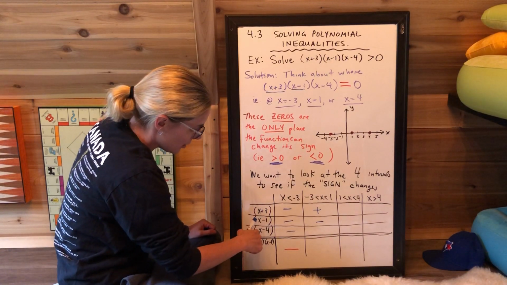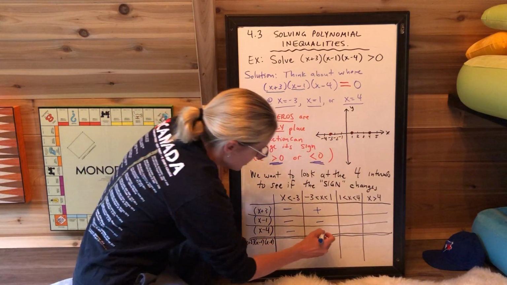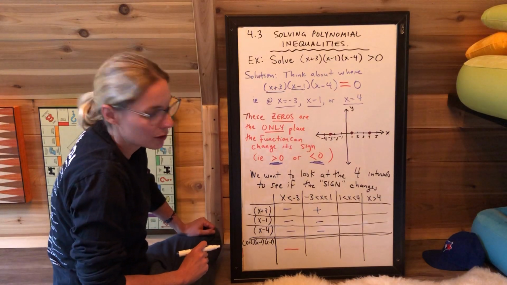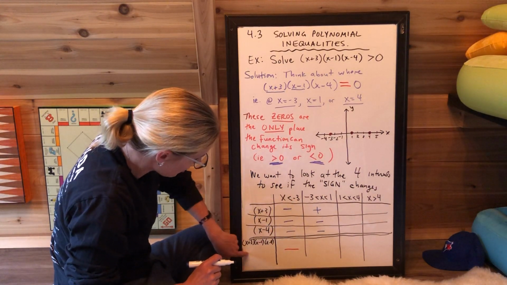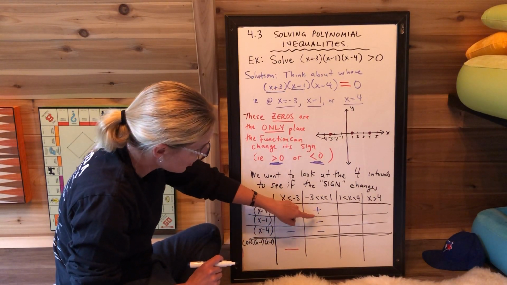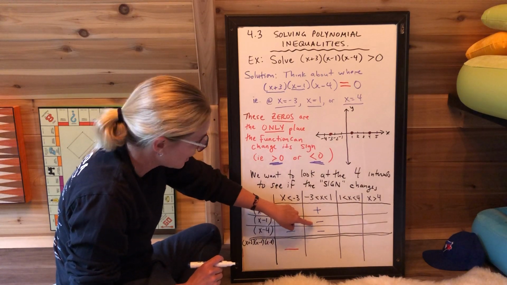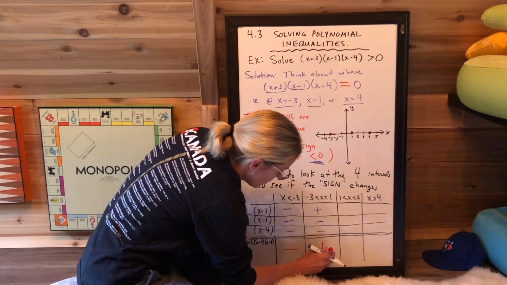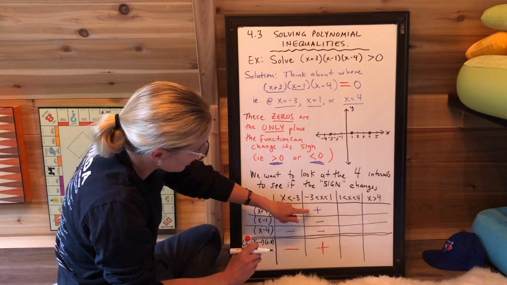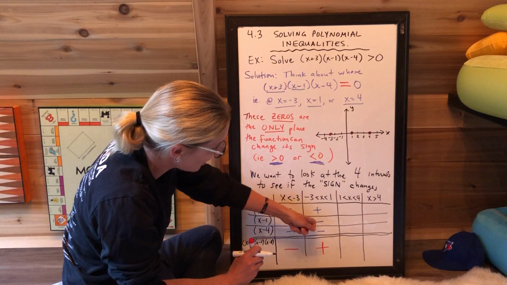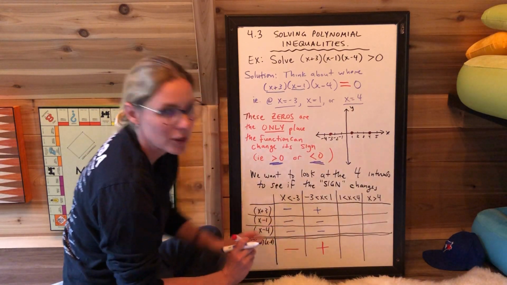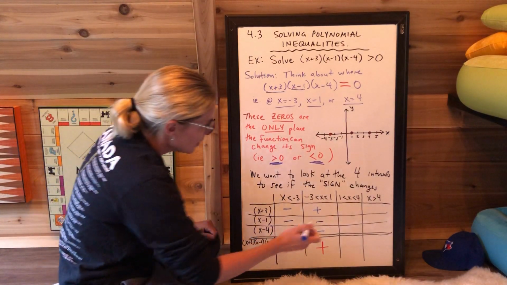I put a 0 in here. 0 minus 4 is negative 4, which is a negative value. You do the multiplication, which is what this function is. Positive times a negative is a negative. A negative times a negative pops out a positive. So when you multiply all 3 terms together, a positive number by a negative number by a negative number, you get a positive.